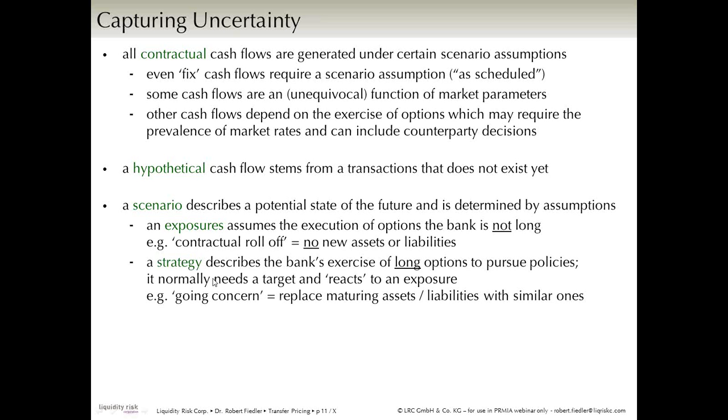On the other hand, you might have strategies, where a strategy describes the bank trying to exercise options, long options, to pursue certain policies, for example to counterbalance a shortage. That's what we had in the counterbalancing capacity.